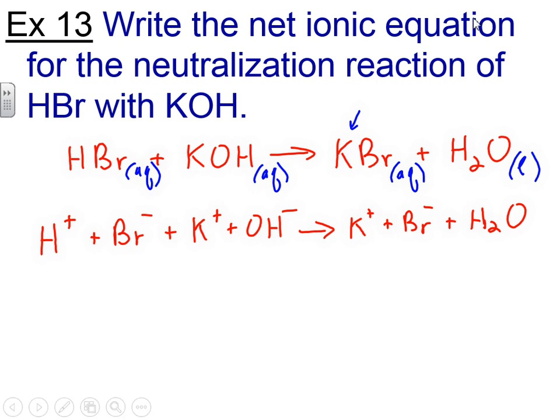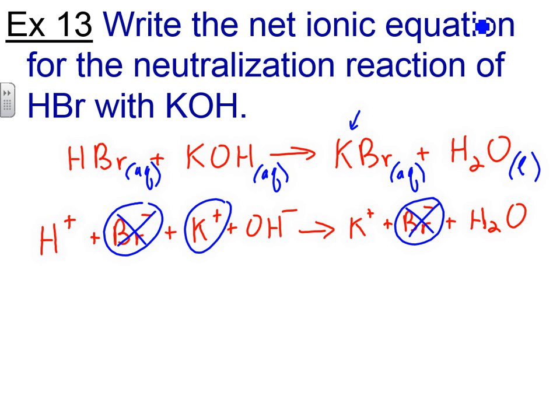And then if we recall, what we did is anything that appeared the same on both sides, we canceled out. In this case, bromide ion, notice, appears the same on both sides, so we'll cross those out. Potassium ion appears the same on both sides, so we'll cross those out. What you're left with is hydrogen ion plus hydroxide ion to give you water.